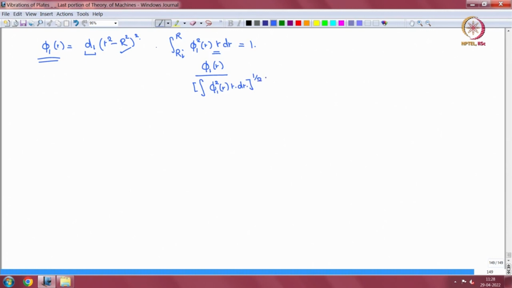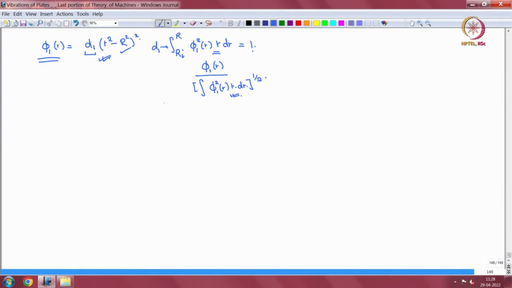You choose d1 such that this goes to 0, this goes to 1, okay, and then you divide this phi 1 of r by this value. Okay.